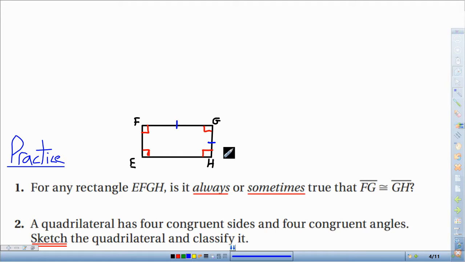So if we were talking about GH and FE, just these two, I would say, yeah, that is always true. But we're not talking about opposite sides. We're talking about these not opposite sides. So they're not always going to be congruent. Could they be congruent? Yeah, sure they could. But it's not necessary for this thing to be called a rectangle. So this is only sometimes true.